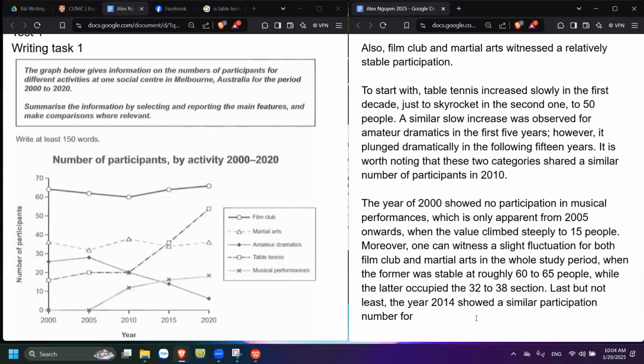Show a similar participation number for martial arts, table tennis, as well as musical performances and amateur dramatics. If we use "as well as", it actually means the same as "and", but it varies the structure, it varies the words you use.